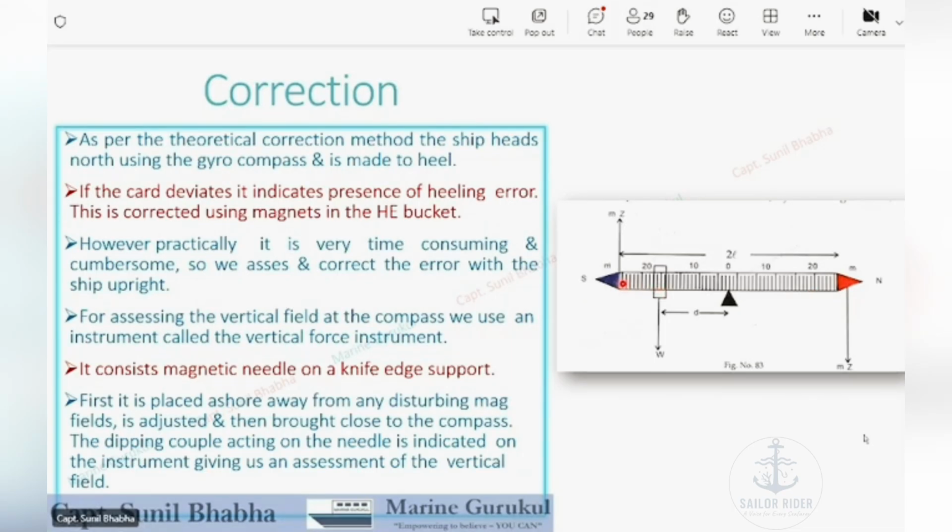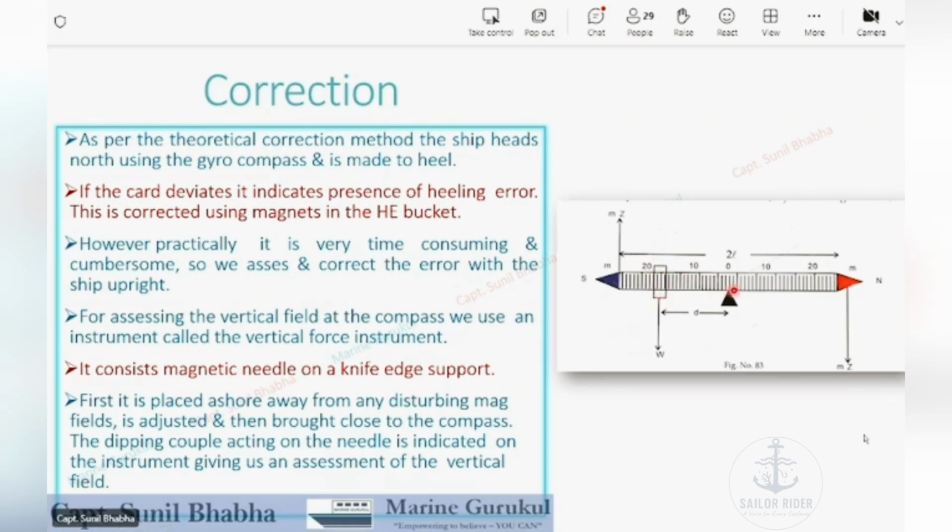In the northern hemisphere, the red end will be pointing downwards. In the southern hemisphere, the red end will be pointing upwards. Now there is a slider weight which is provided on this needle. You can see this particular weight here. This weight can be moved in whichever location we require. There is a scale also provided. We can see the scale location of the weight.